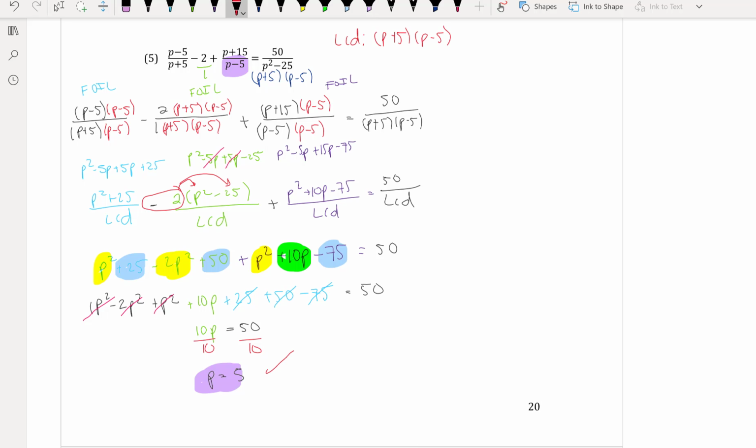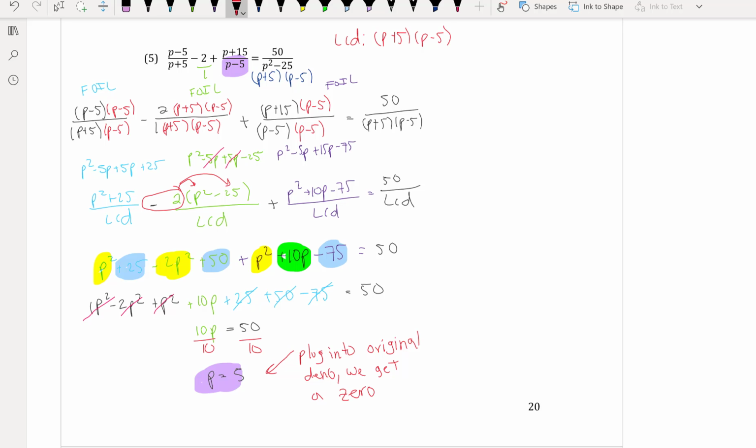So when I plug it into the original denominator, we get 0.